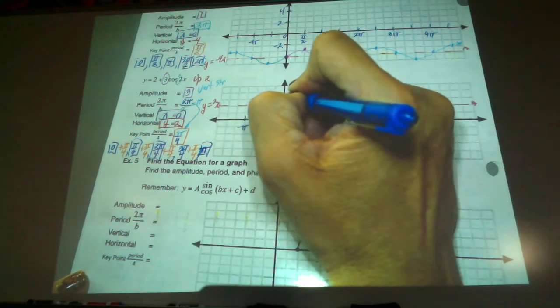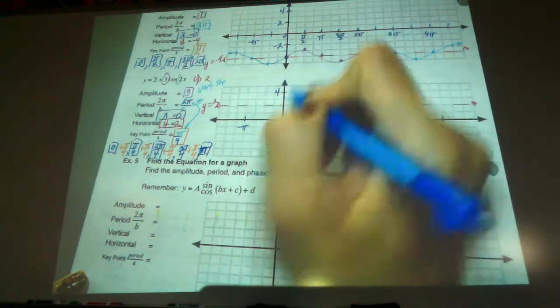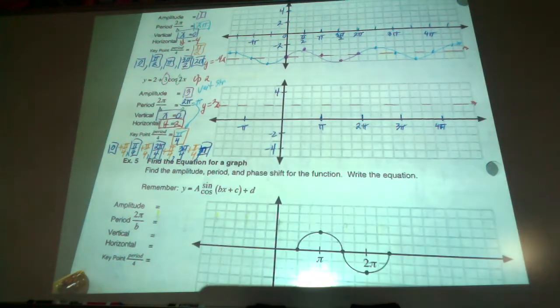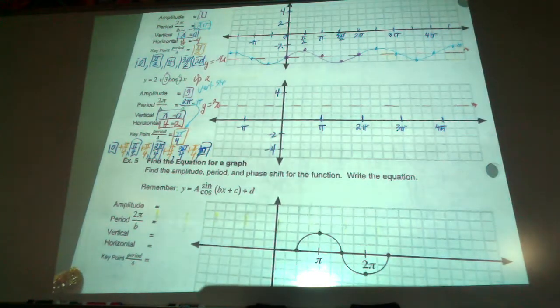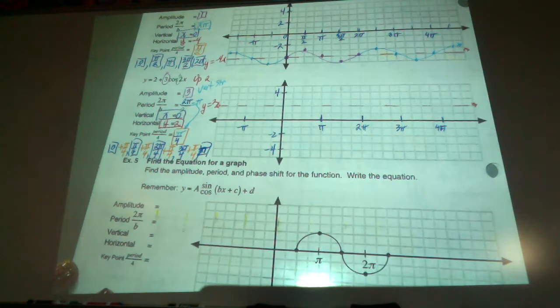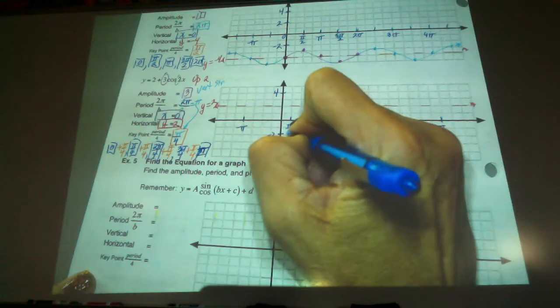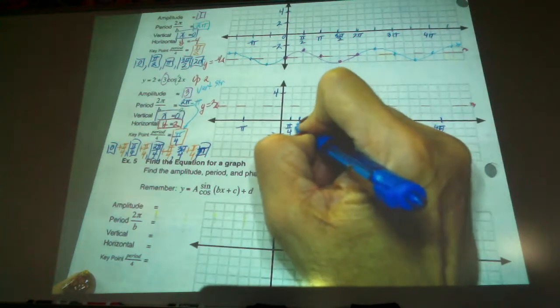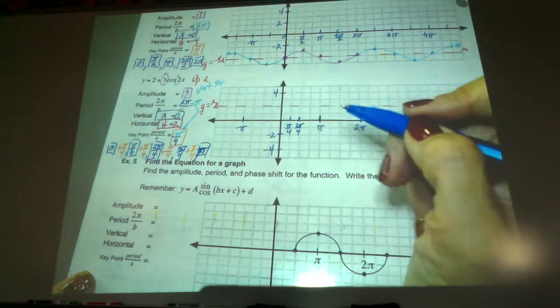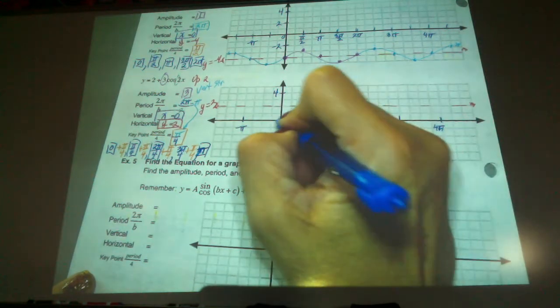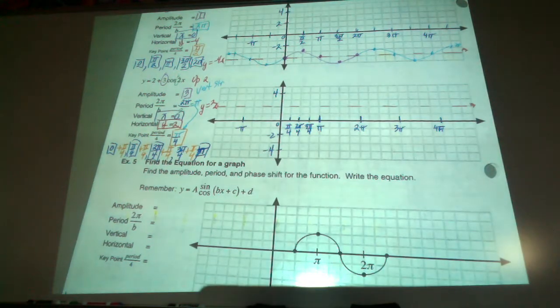On this graph, this is 2, so this is 4, this is -2. So if I were you, I would mark every one of your key points. So this is pi over 4, 2 pi over 4, or you can write it as pi over 2, 3 pi over 4, and 0. So there's your 5 key points. So again, we're going every single grid line.